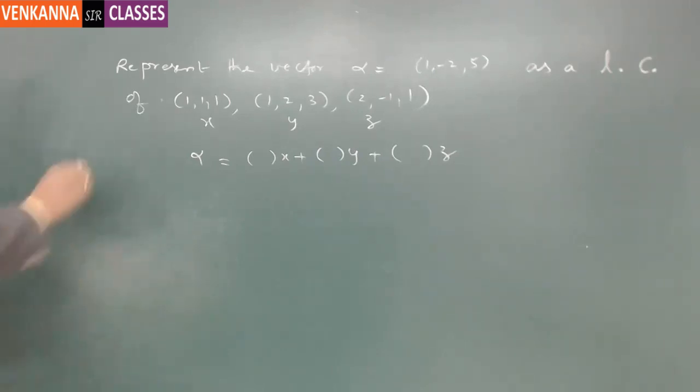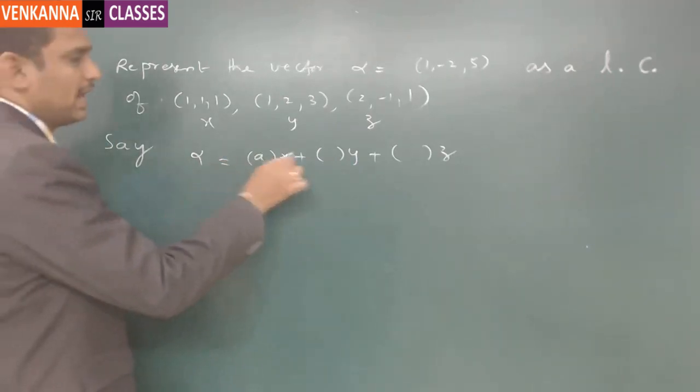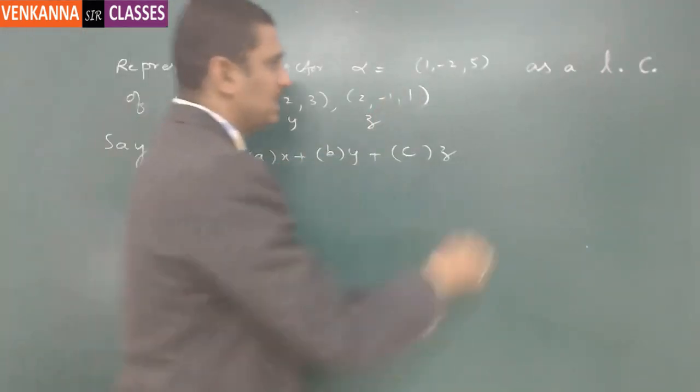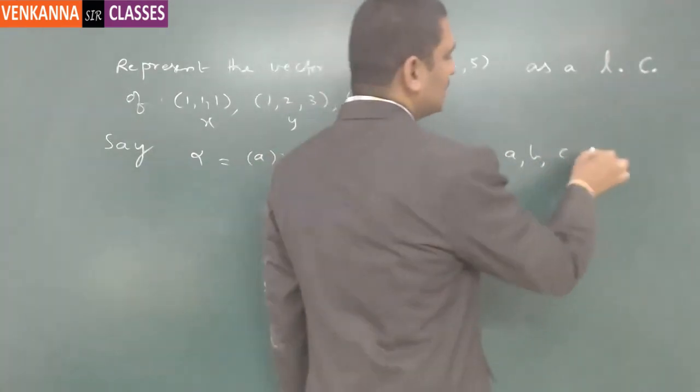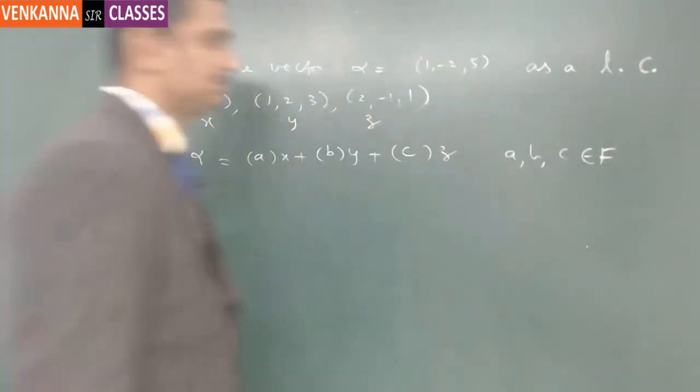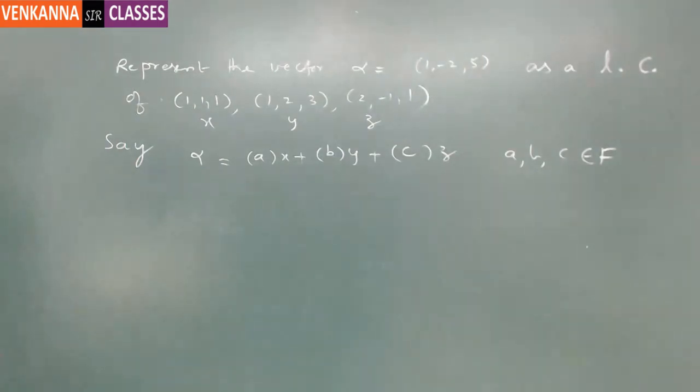Let us say alpha is equal to ax plus by plus cz, where a, b, c are numbers belonging to the field F. Now my task is to evaluate the values of a, b, c.